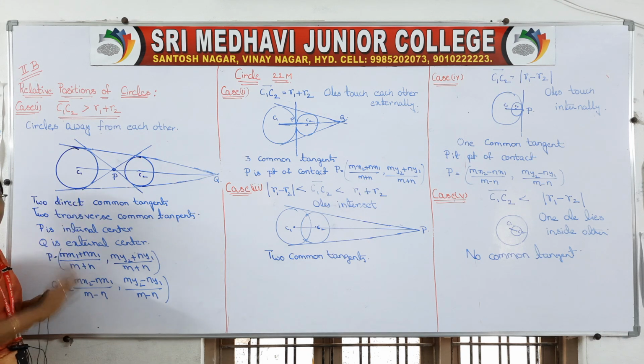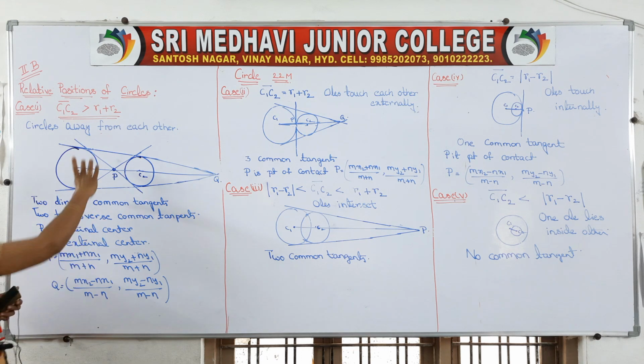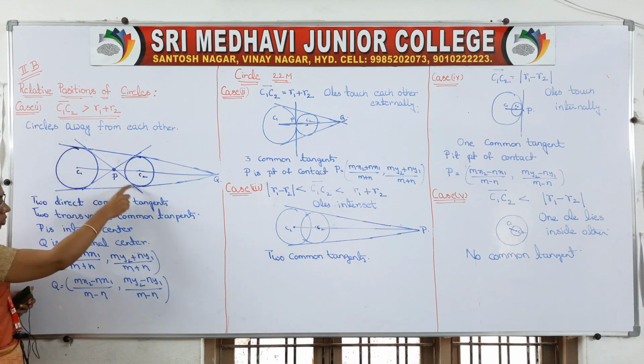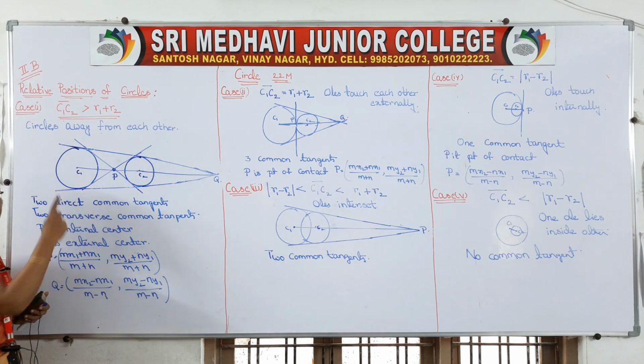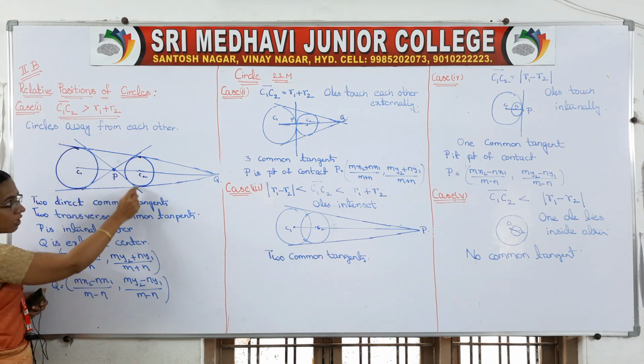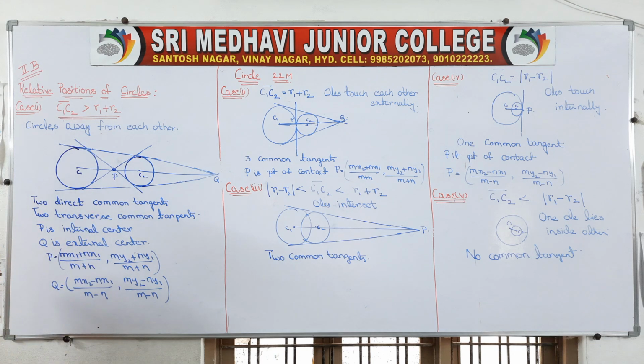They are away from each other. Then how many common tangents are possible? Two direct common tangents and two transverse common tangents are possible. The point of intersection of the transverse common tangents is called the internal center.